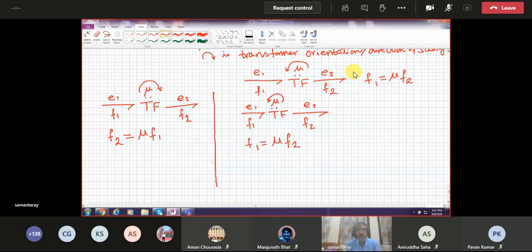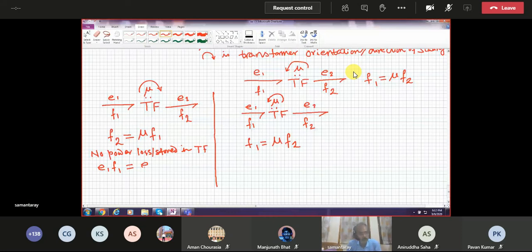Then we also write that no power is lost or stored in the transformer. So if no power is stored, created or lost, then E1 F1 must be equal to E2 F2.